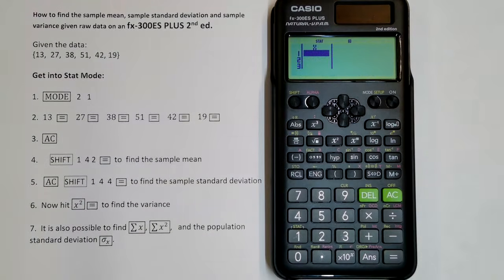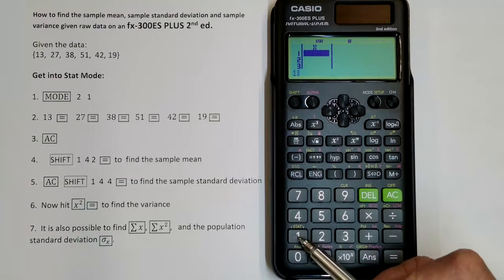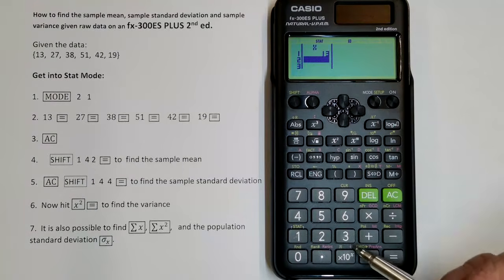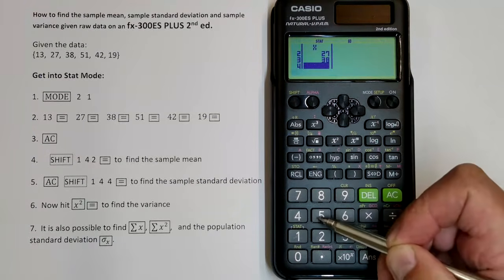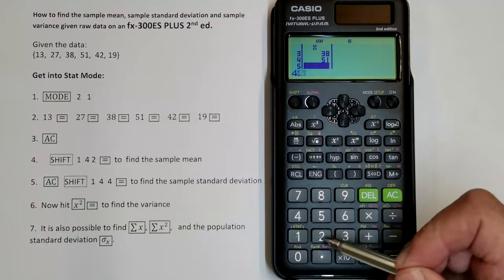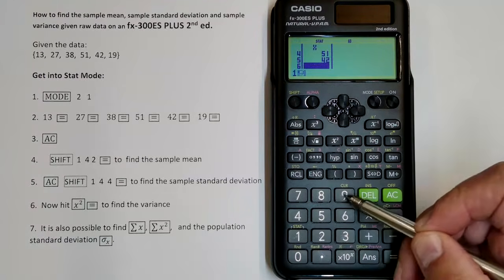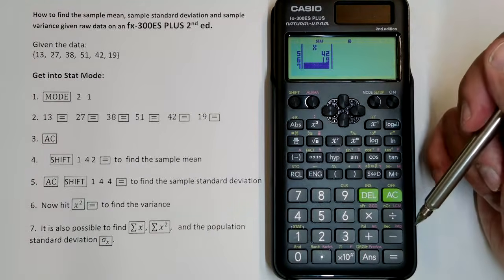It just gives me one variable. So if you do have a frequency table, no worries. If you don't, no worries. Now just do it this way: 13 equals, 27 equals, 38 equals, 51 equals, 42 equals, and 19 equals. I should have 6 values there.